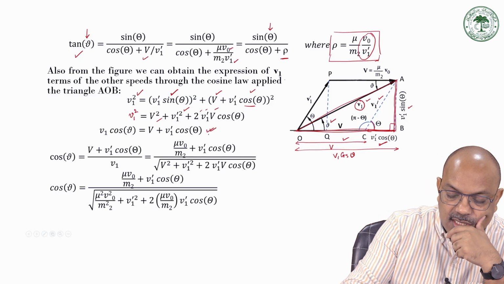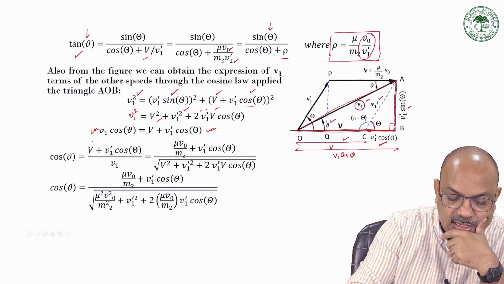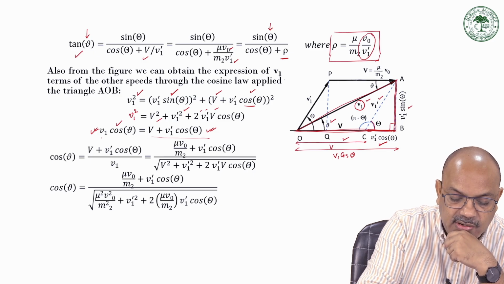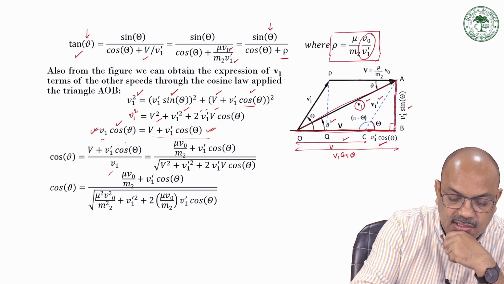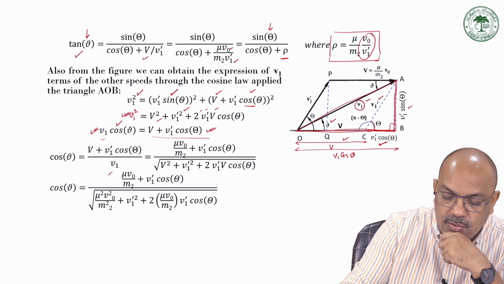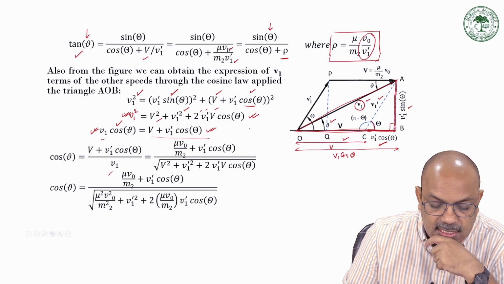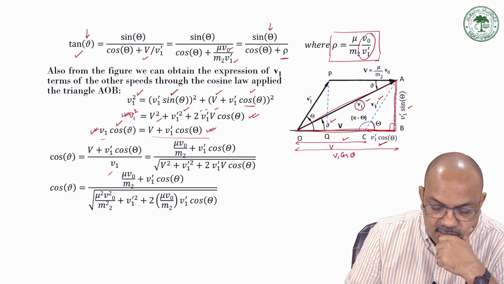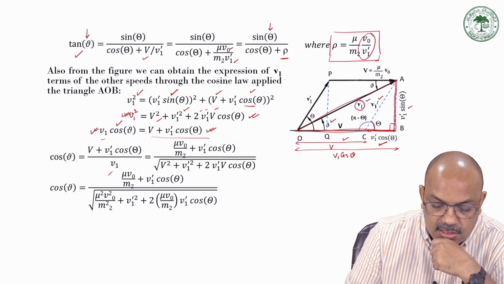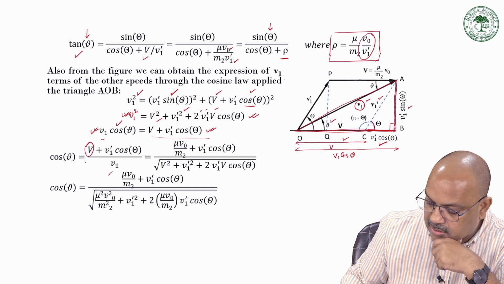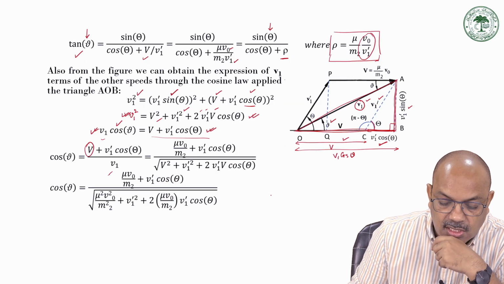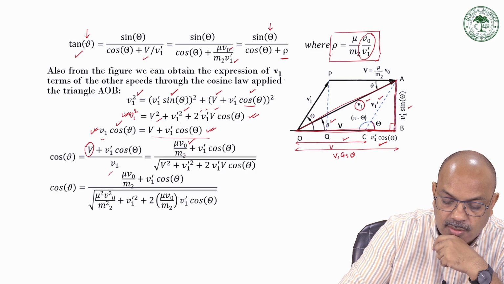I'm going to use this relation so that I can write cos theta as the whole thing divided by V1, and V1 I can use from this relation for V1 squared, under a root. For V, like we have considered, this is going to be mu V naught by m naught.